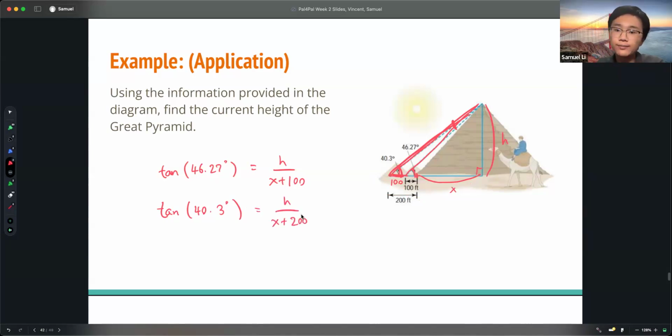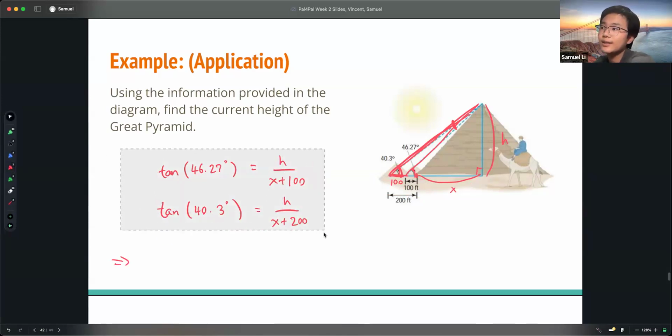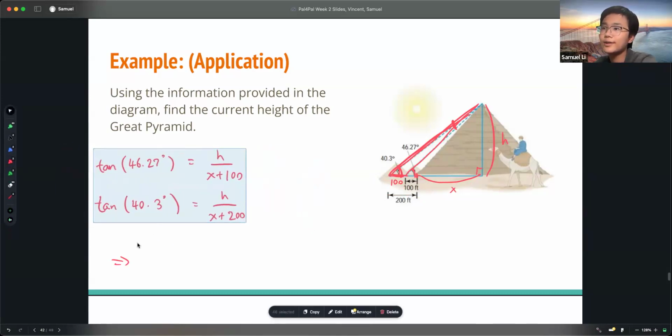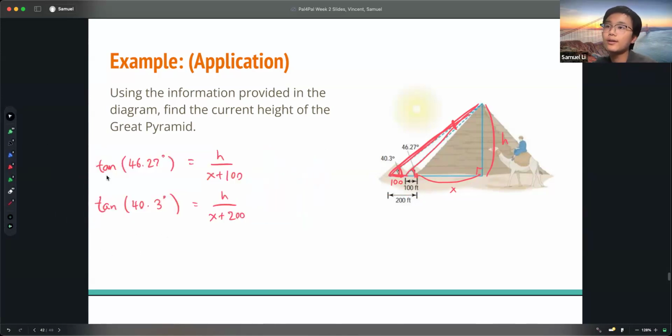Now we could rewrite the first equation so that we can isolate the x. So x plus 100 is equal to h over the tangent of 46.27 degrees.